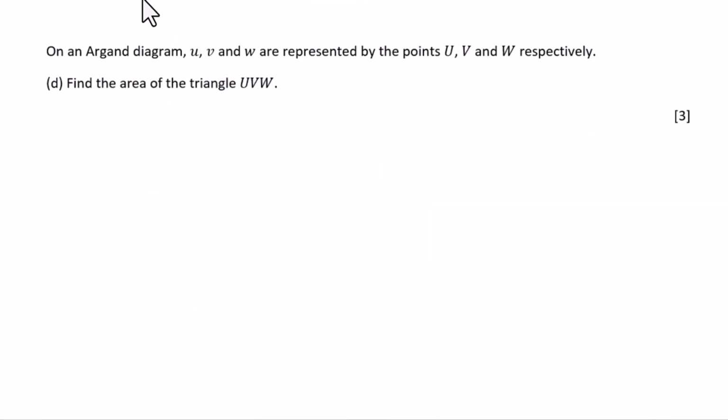On an Argand diagram, u, v, and w are represented by the points U, V, and W respectively. Find the area of the triangle UVW. Let's use the Argand diagram to show UVW.